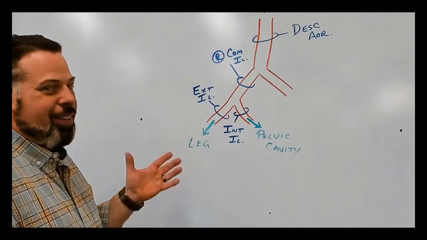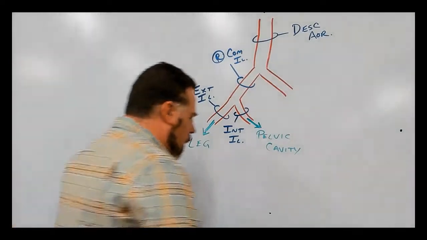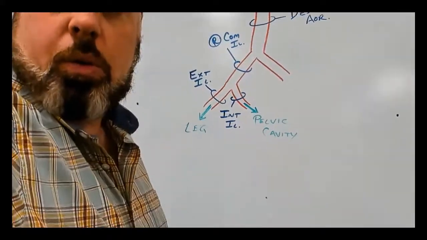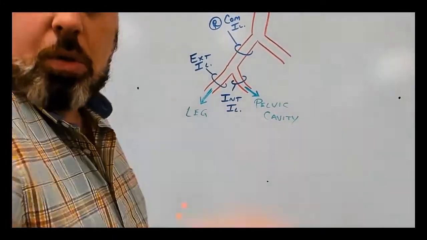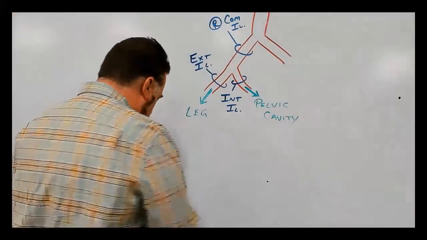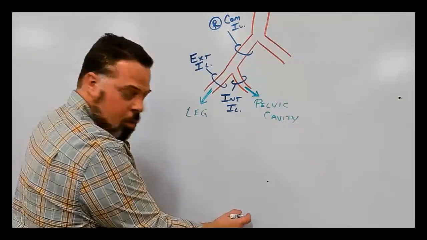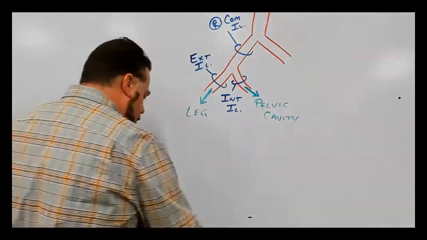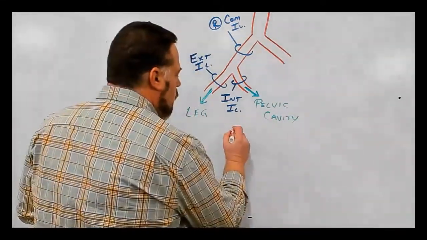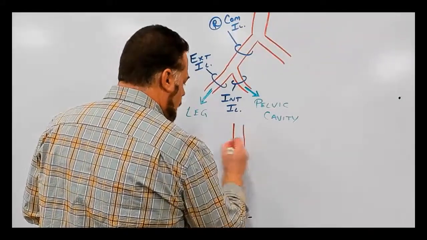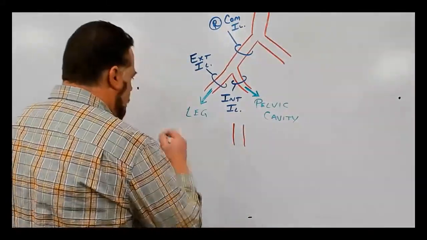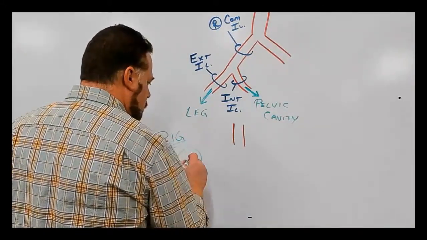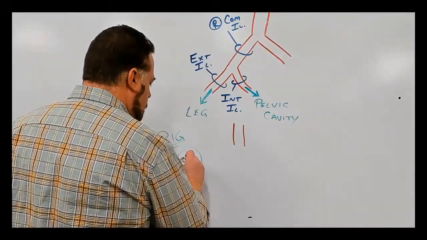In the pig, it's a little bit different. In a pig, you're still going to get the descending aorta. Again, we'll say that this is the pig, our little piglet over here.